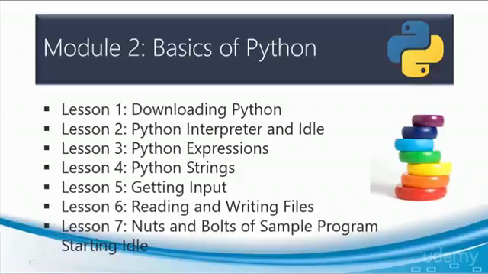So I'll explain to you what those elements are so you get familiar with the interface itself, which is called the idle within Python. So module 2 overall, you'll be familiar with the basics of Python before you can actually start getting into and start coding or programming within the Python language.